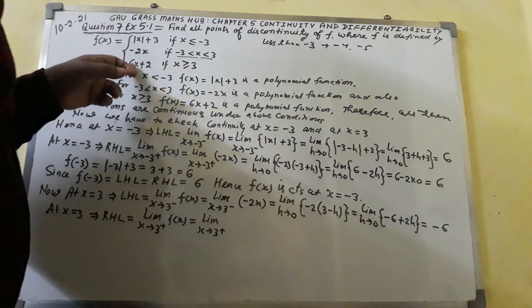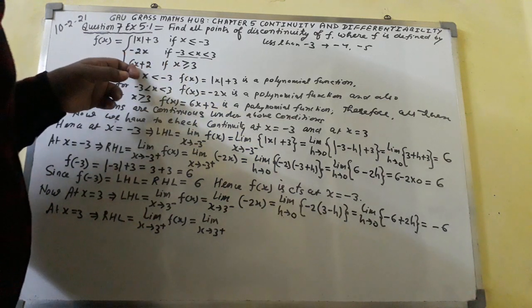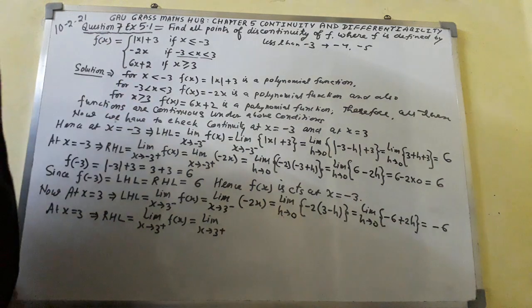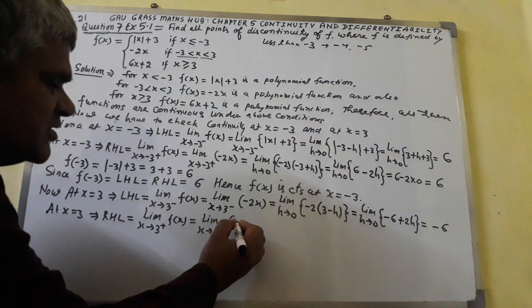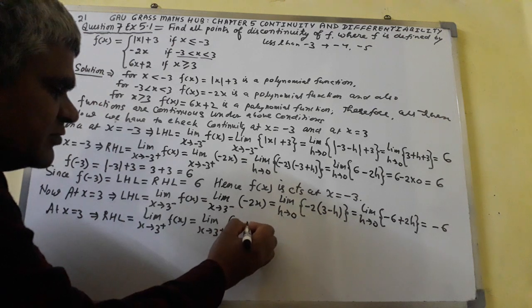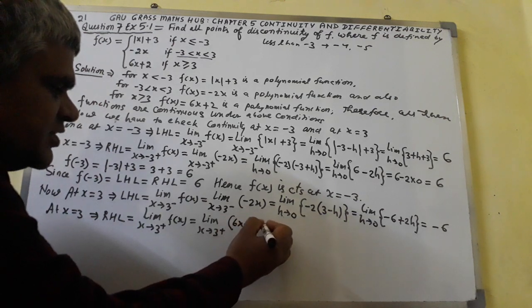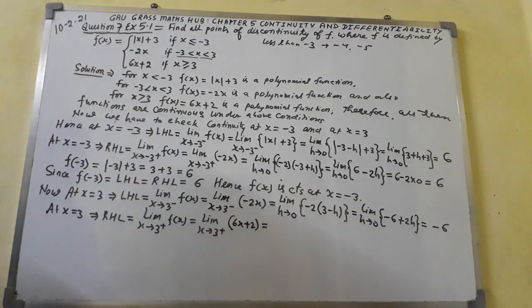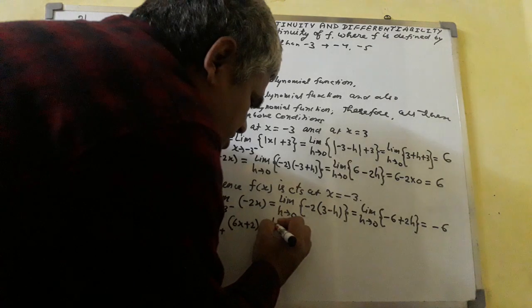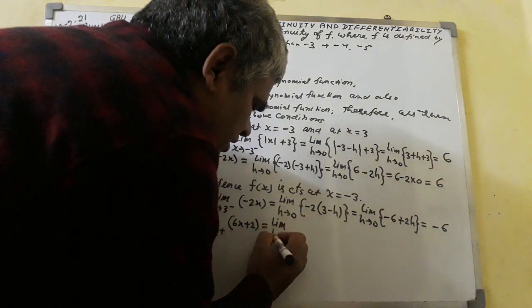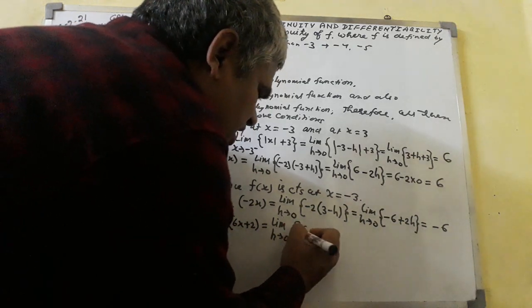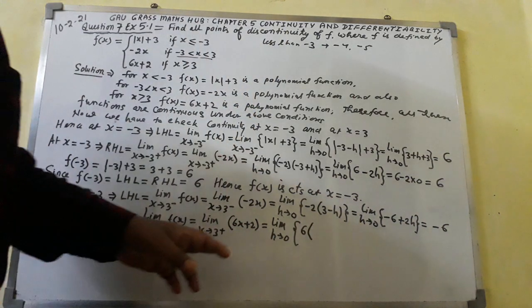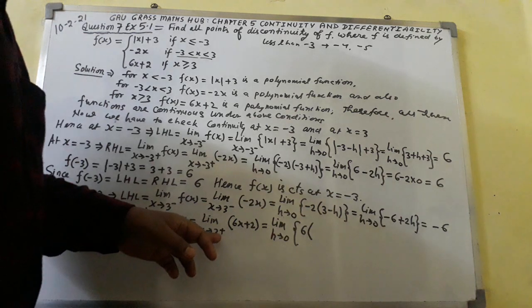So I shall choose this function f of x equal to 6x plus 2. So here, in place of f of x, I shall write 6x plus 2. Now what will we do next? Next I shall write lim h tends 0, open curly bracket, 6 I shall write, and in place of x I shall write 3 plus h.